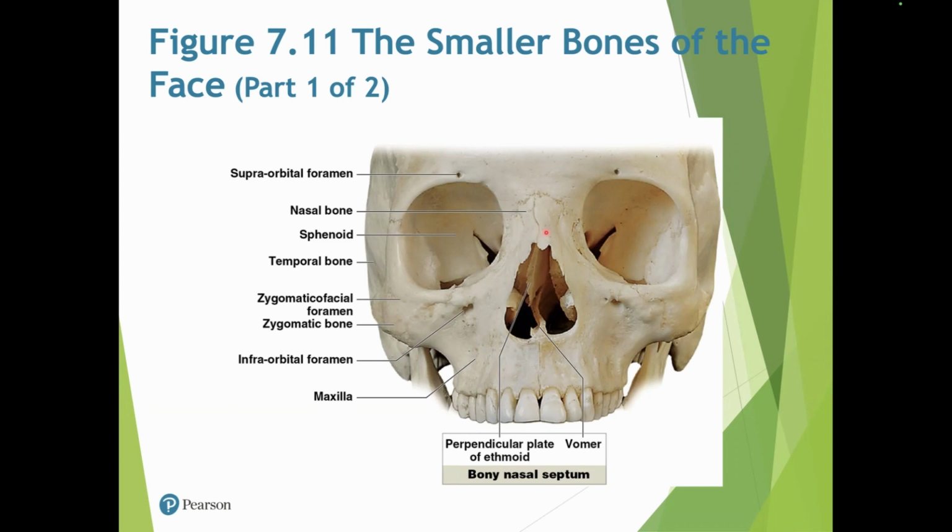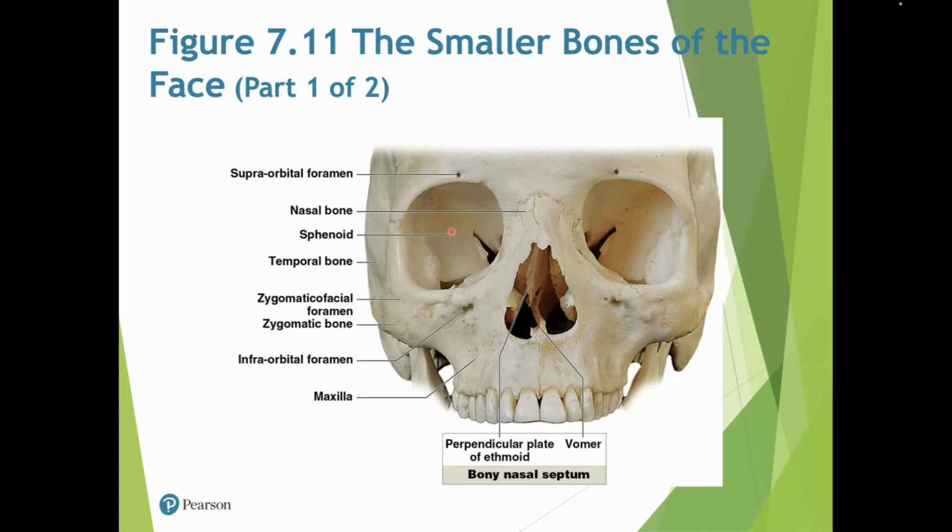If I'm looking at, no, I said it right. Silly me. You want to put yourself in anatomical position, so you put yourself in the skeleton's view. So this is the left nasal bone. This is the right nasal bone. Sorry if I fumbled on that one.